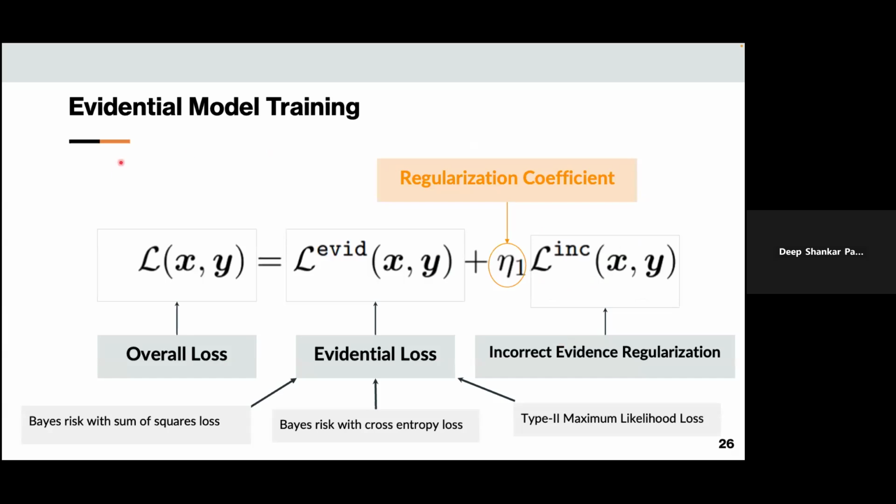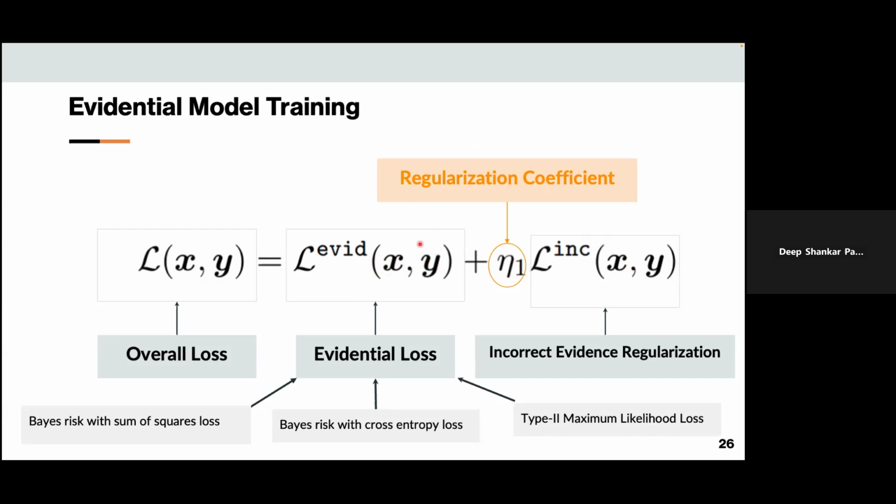Moreover, the evidential models are trained with specially designed evidential losses with incorrect evidence regularization. The model's training consists of two parts. First is the evidential loss. Second is the incorrect evidence regularization. These two losses are balanced with a hyperparameter, the regularization coefficient.